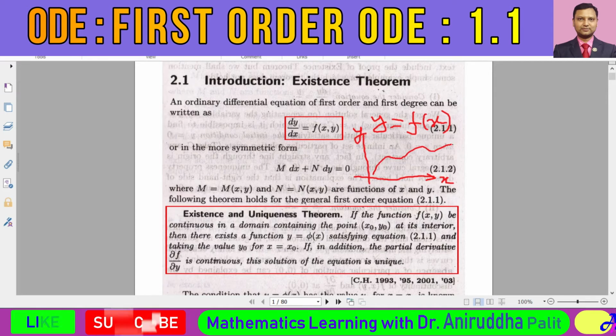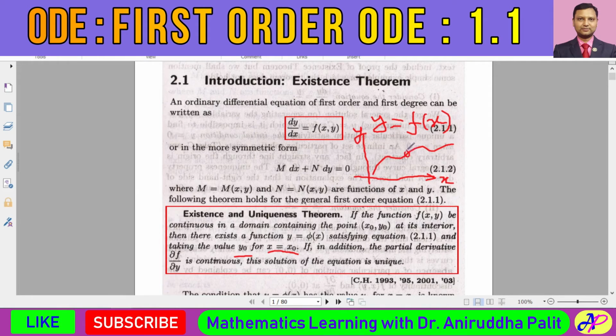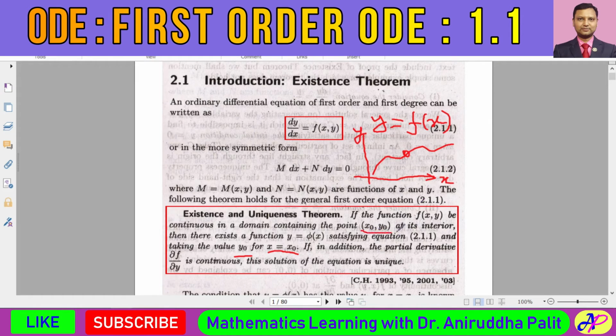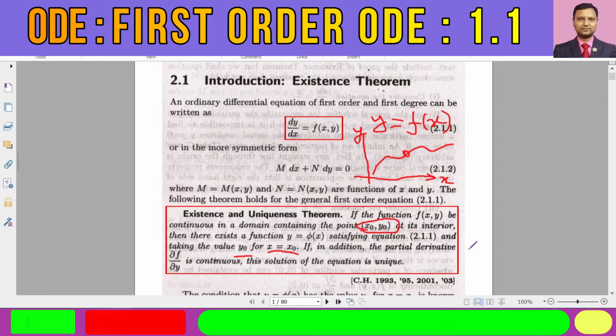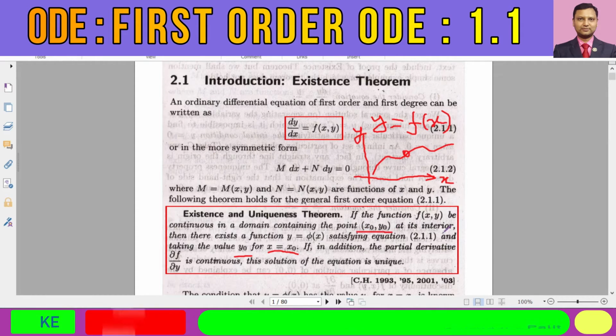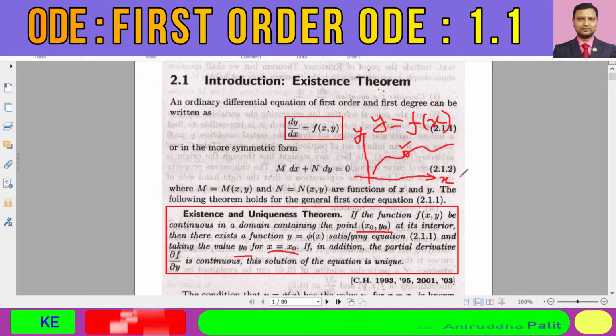This would represent a certain kind of curve, and if we try to impose a certain condition like this, y is equal to y0 when x is equal to x0, it means that the solution curve must pass through a point having coordinates x0, y0.